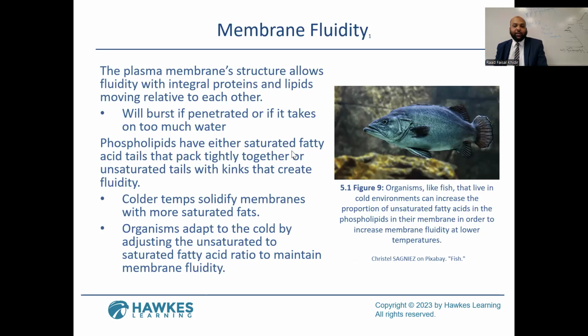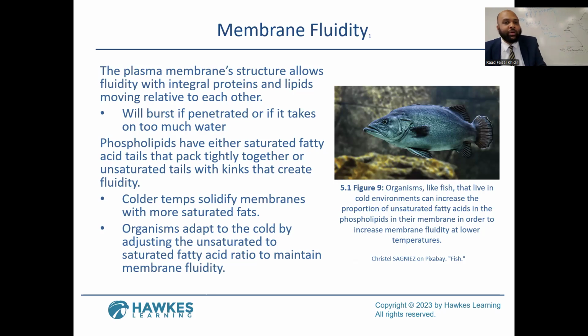The phospholipids are either saturated fatty acids that pack tightly, or unsaturated with kinks that create fluidity. So if you have a kink, you will be more fluid. But if you are saturated, you will stack so tightly.